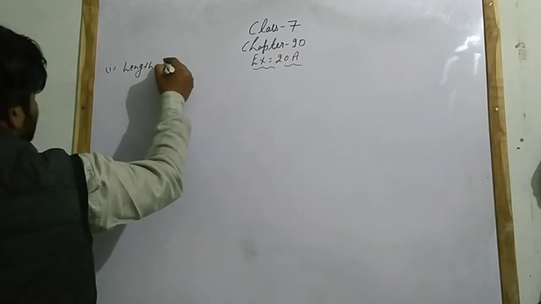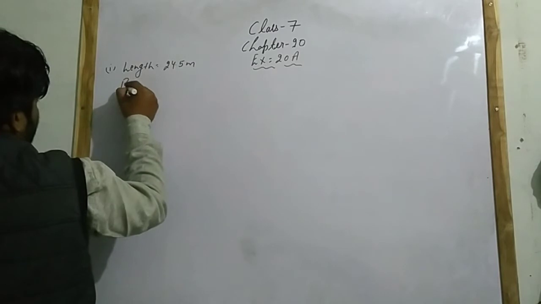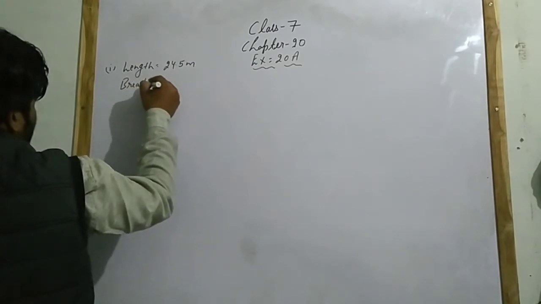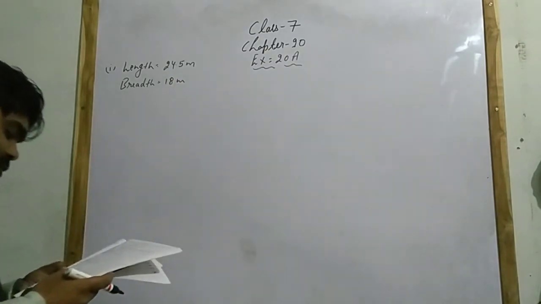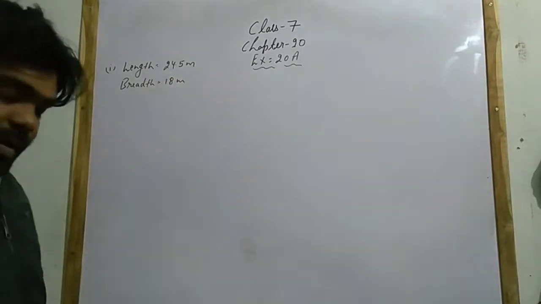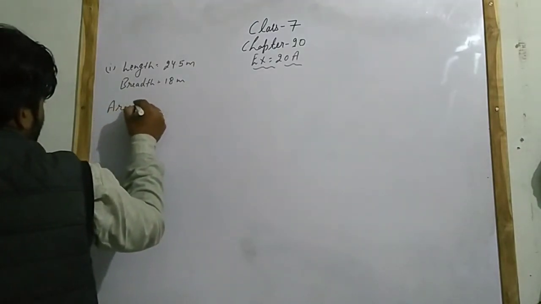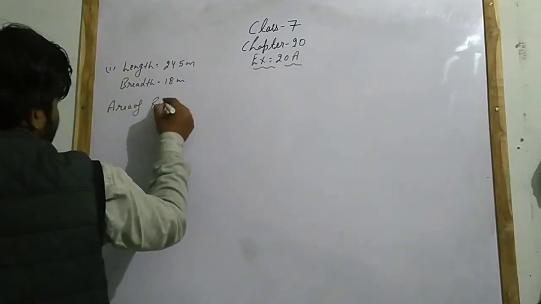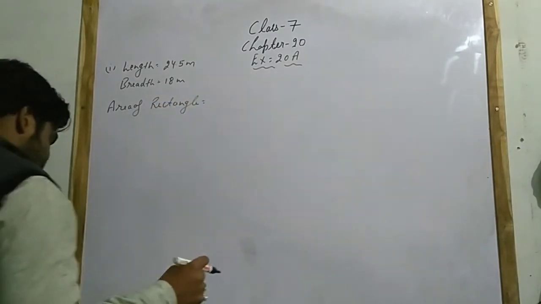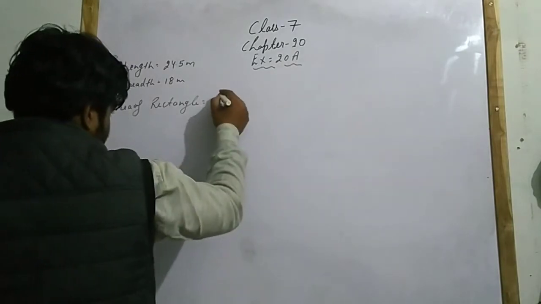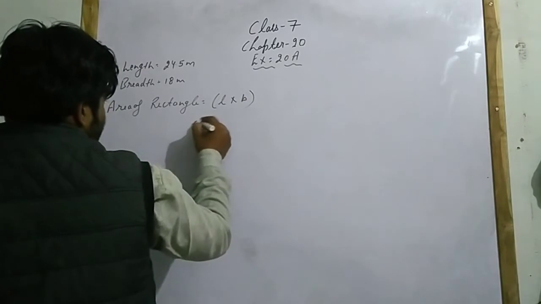length equals 24.5 meter and breadth equals 18 meter. You have to find the area of rectangle. So the formula is area of rectangle is length multiplied by breadth.